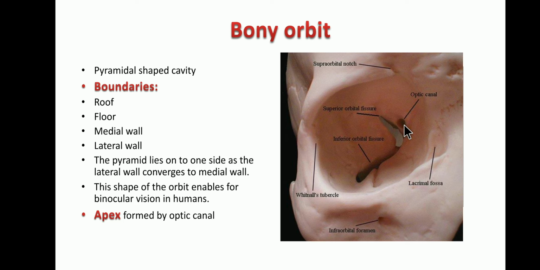So the meninges also prolong along with the optic nerve. The base is formed by the orbital margin, which I have discussed extensively. In the medial part, you see a supraorbital notch, sometimes converted into a foramen, to transmit the supraorbital vessels and nerves.